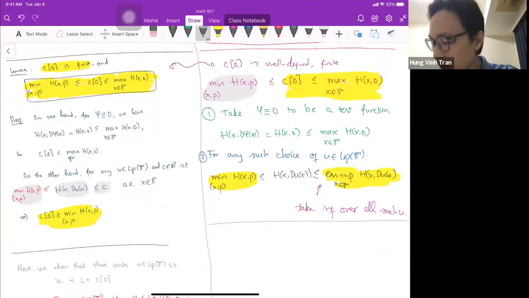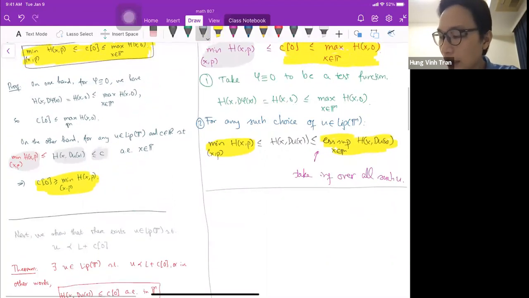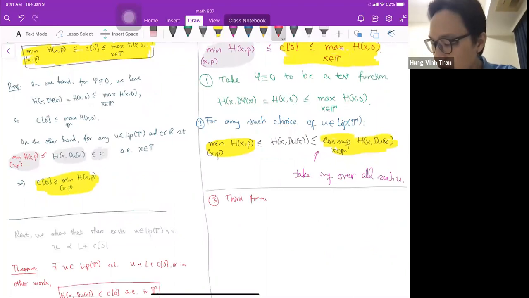Now, I didn't include the formula here, but I want to give you the third formula for C naught.